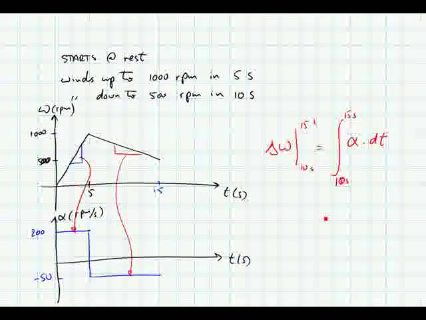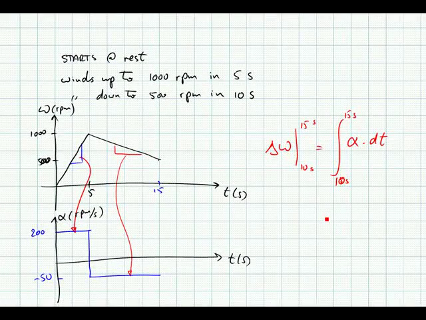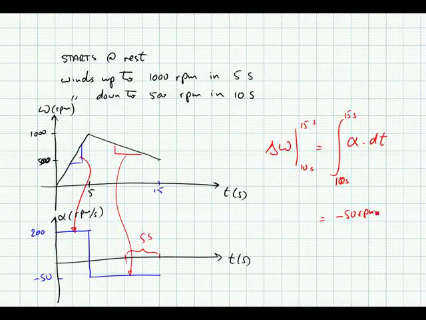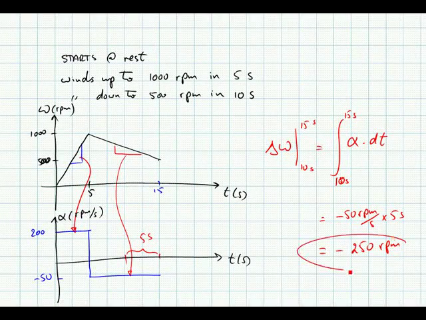From 10 seconds to 15 seconds our delta t is 5 seconds, and our height is negative 50, so negative 50 RPM per second times 5 seconds is negative 250 RPM.